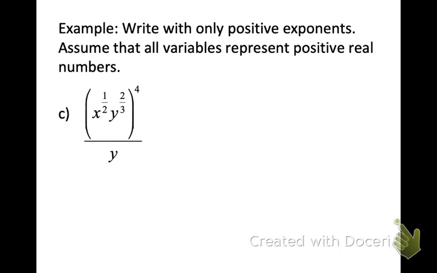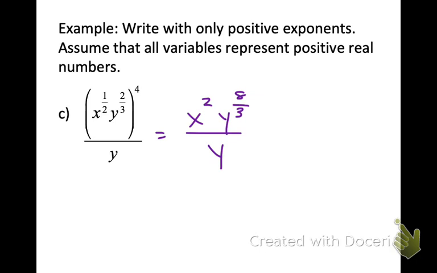X to the 1/2, y to the 2/3, all to the 4th power, all over y. What do we do with our power to a power? We multiply. So we get x squared, y to the 8/3, all over y. What am I going to do next with my y exponents?